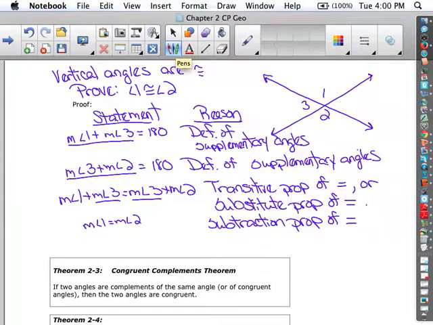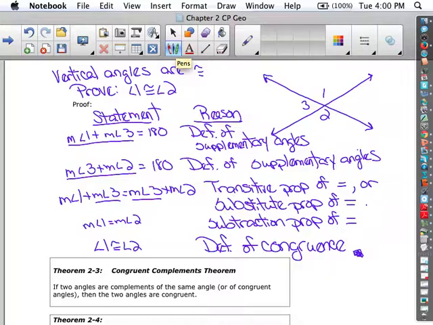And then from there, if I know their measures are equal, I then can say that the angles are congruent by the definition of congruence. And that is the end of my proof. And I can put a little box down there to say that I've ended that proof.